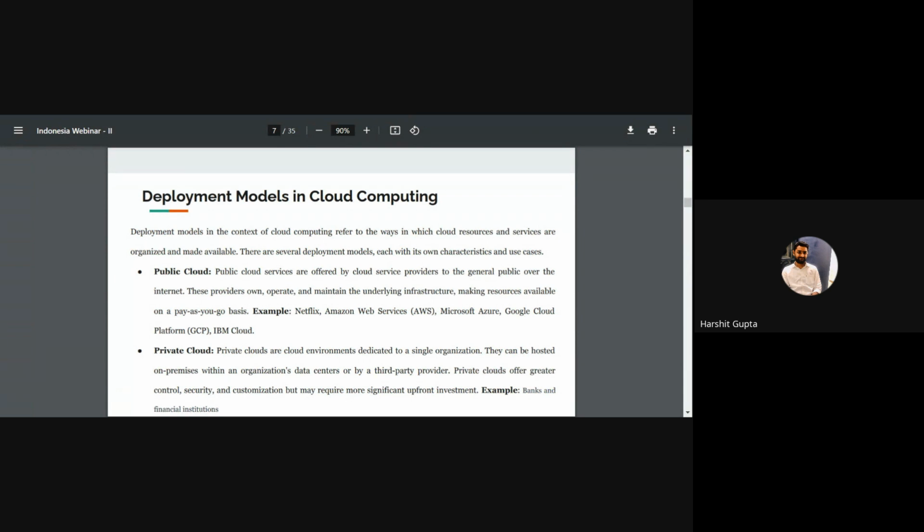Now next we will see the private cloud. Nowadays, suppose somebody has set up a big multinational company, and the company requires a good infrastructure to manage its resources and its data.